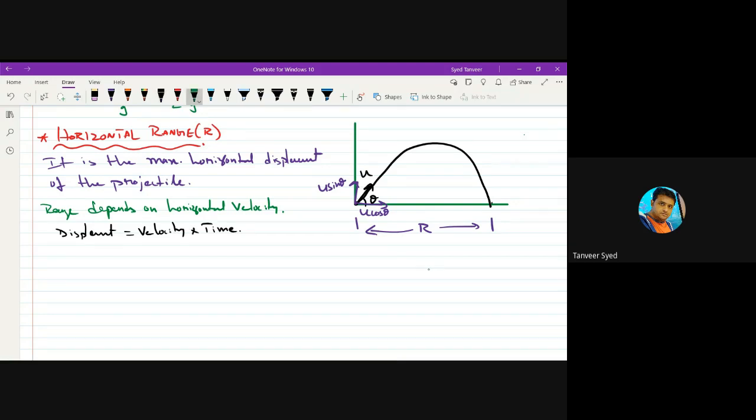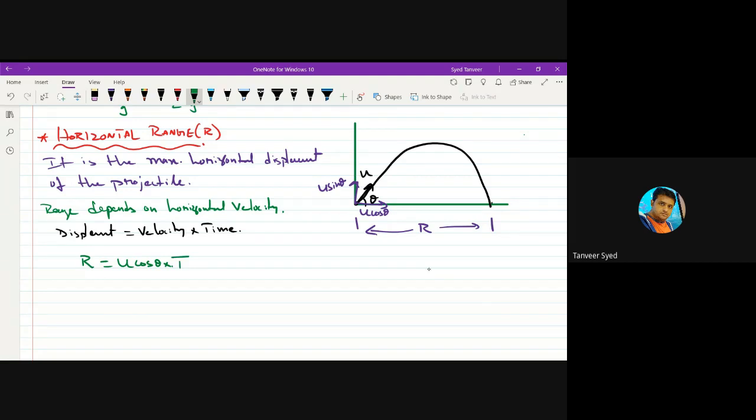Which displacement? Horizontal displacement. How much? Maximum. That is what we are calling range. So R is equal to velocity. Which velocity? Horizontal velocity, u cos theta, into time. Which time? Is it the time of ascent or time of descent or total time of flight? It is the total time of flight.